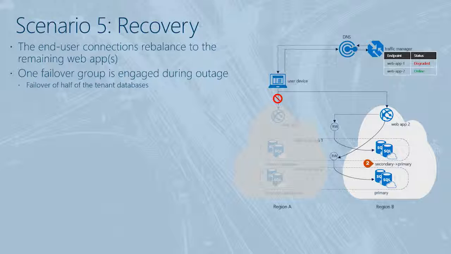But the most important, interesting aspect of this pattern is that if a failure happens, let's say the US location is down for an extended period of time, all the databases are recovered, but only 50% are actually impacted. Because all the European databases, the tenants that have been placed in Europe, they just continue on. The European customers will not even notice anything.